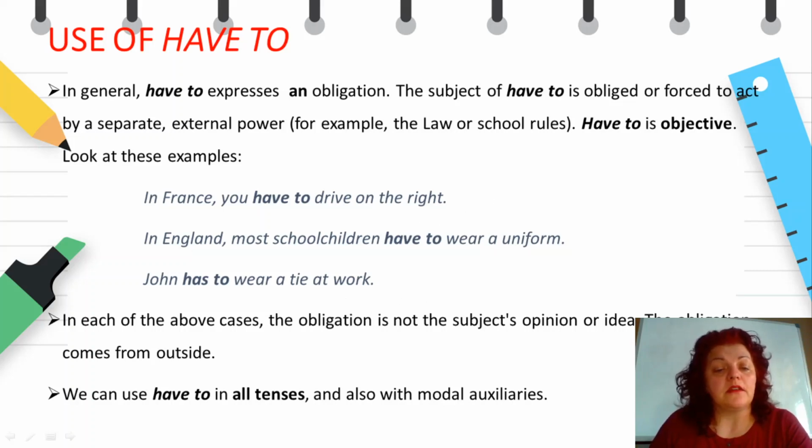In England, most school children have to wear a uniform. John has to wear a tie at work. In each of the above cases, the obligation is not the subject's opinion or idea. The obligation comes from outside. We can use have to in all tenses and also with modal auxiliaries.